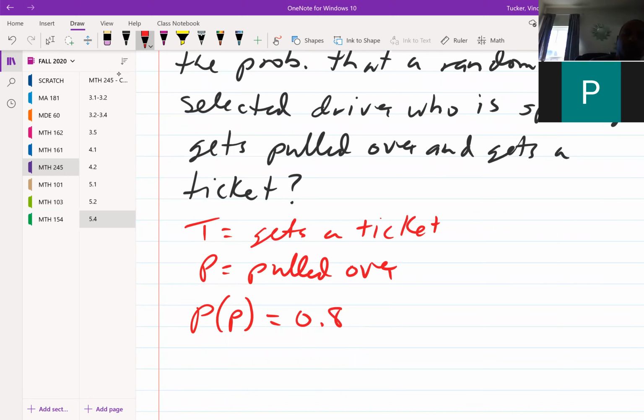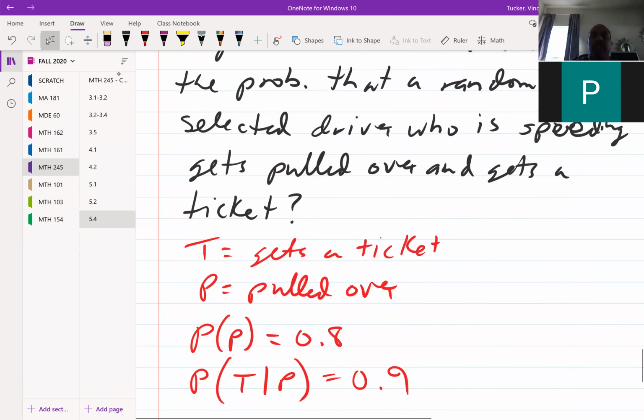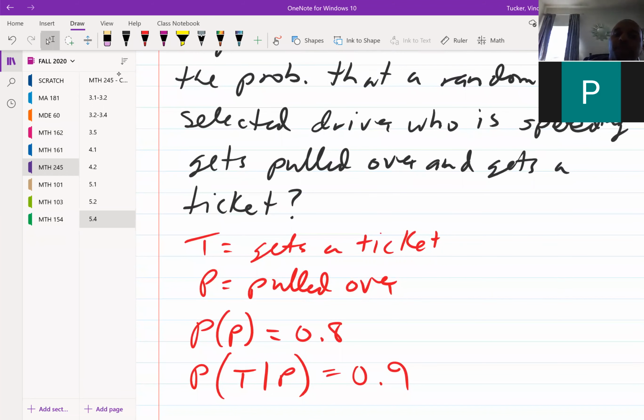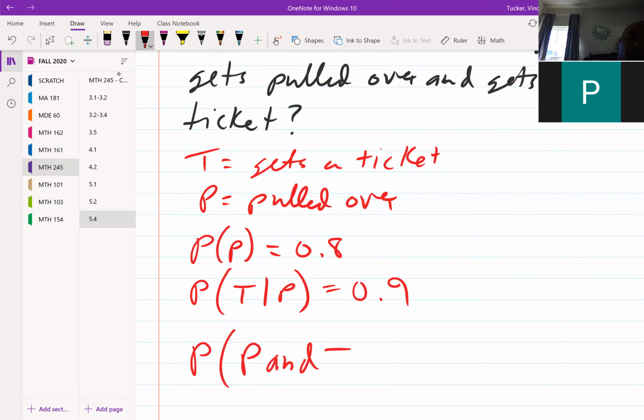So that's the given information. And it asks, what is the probability that a driver who is speeding gets pulled over and gets a ticket?